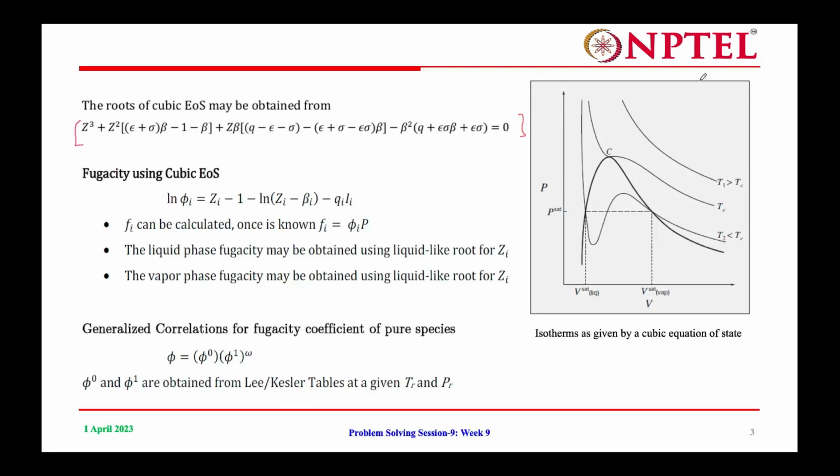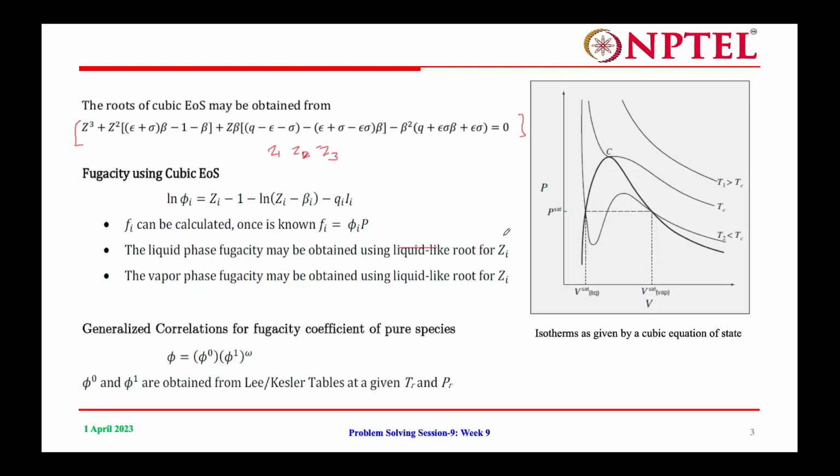Right. Now fugacity using the cubic equation of state. Here ln phi_i equals z_i minus 1 minus ln(z_i minus beta_i) minus q_i I_i for species i, where i indicates the species. So fugacity can be calculated once phi is known: f_i equals phi_i into P, right? Here there are three roots, z1, z2 and z3.